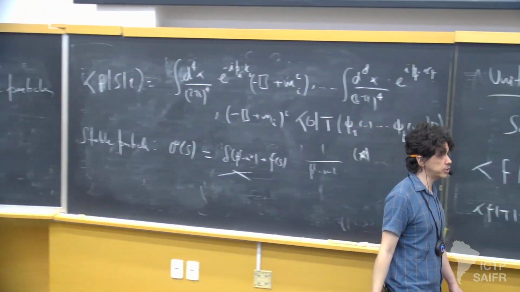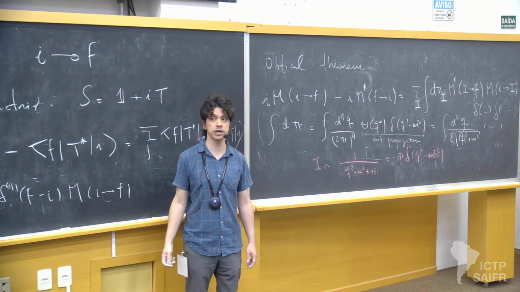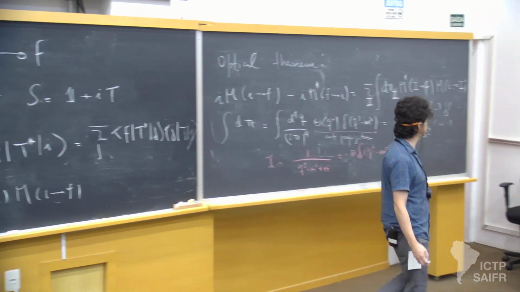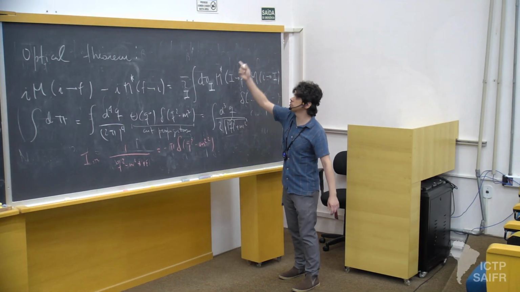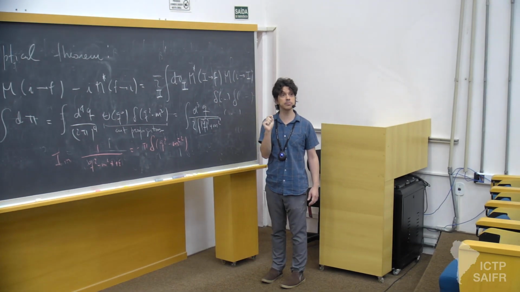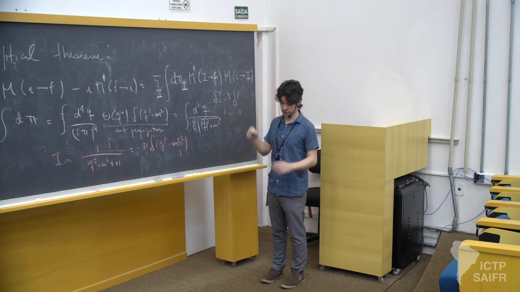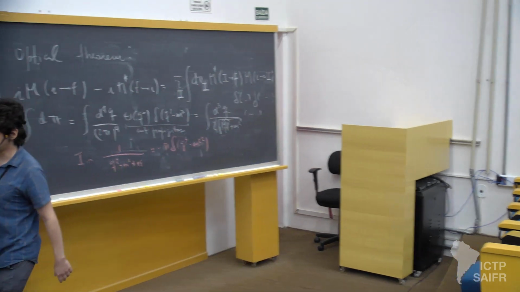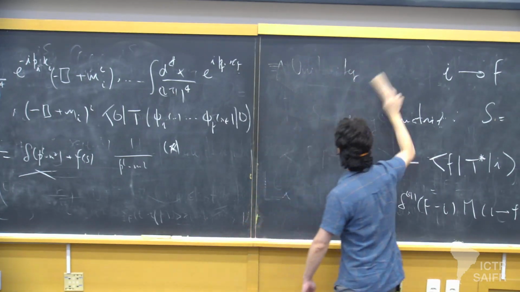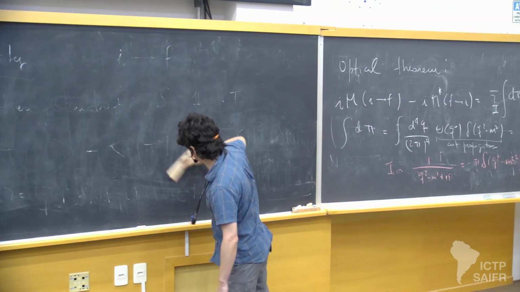There is a fancy way to prove this in textbooks, going through something that we call the cutting rules. The cutting rules mean that you're going to roughly replace all internal propagators that appear here with cut propagators. And it receives this name, cut, because in terms of drawings, you are cutting lines within your diagram. So, for instance, the usual sense is just to describe that part as a cutting equation.